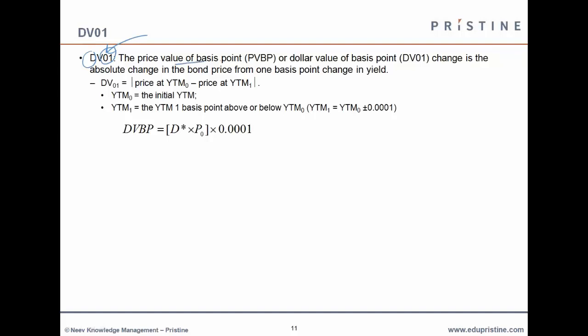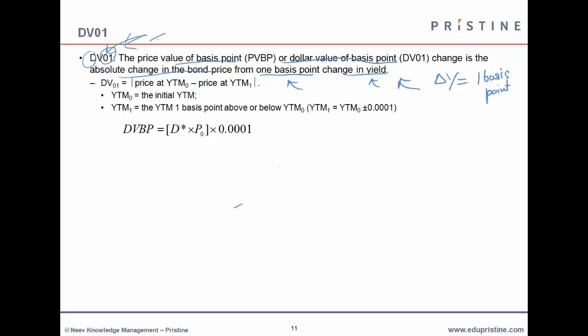The price value of a basis point, or dollar value of a basis point, is the absolute change in the bond price from 1 basis point change in yield. I want to fix my change in yield, the delta y, to be 1 basis point. So that's why the 0.1 comes in, 1 basis point yield.